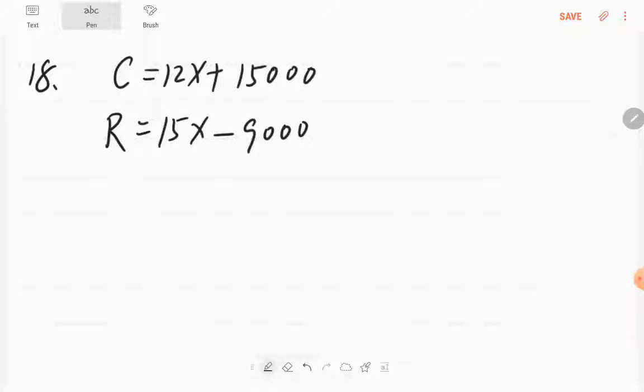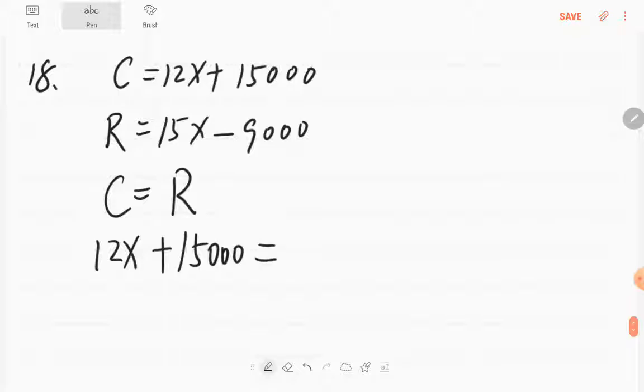The break-even point means that the cost equals the revenue. So that means 12x plus 15,000 equals 15x minus 9,000.